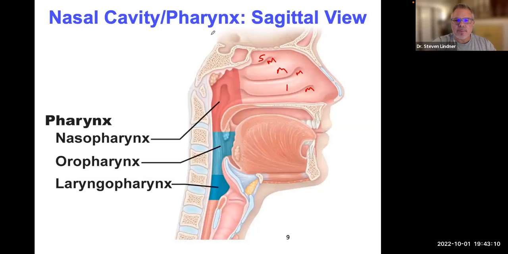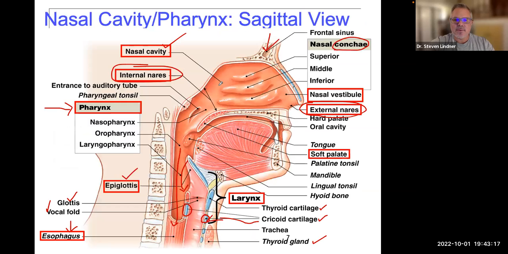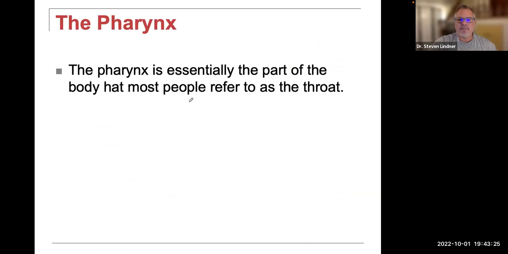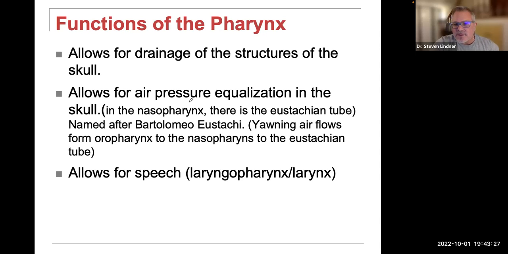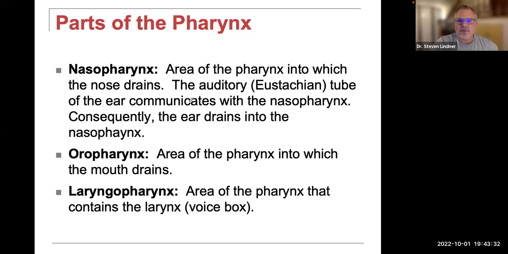Let's see if I could show. That would be right here behind the nasopharynx. Okay, let's see if I could show it in another one. That would be right here. They call it the entrance to the auditory tube, which is the eustachian tube as well. Okay, and it allows for speech. The laryngopharynx or larynx is involved.